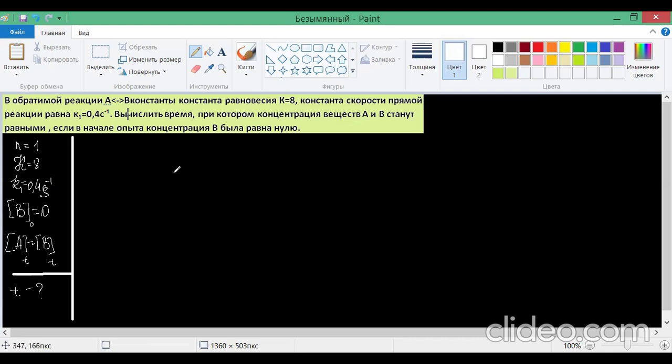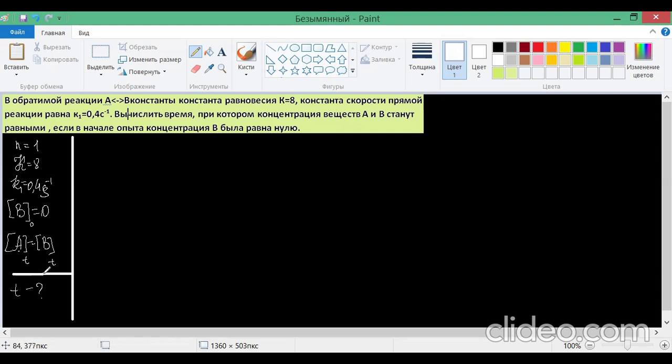Okay. Now, we are supposed to calculate the time when the concentrations of A and B are equal to each other. So we're supposed to calculate this time t.